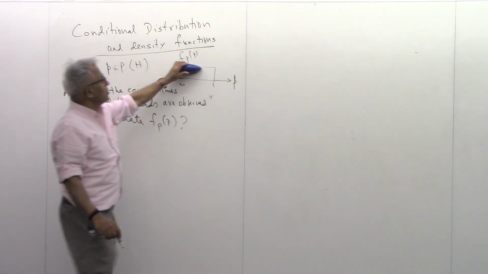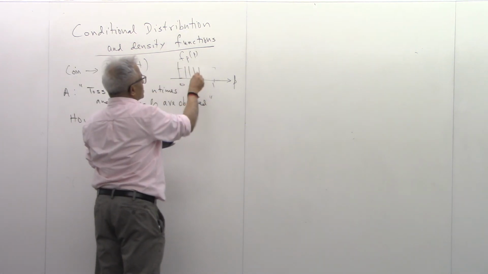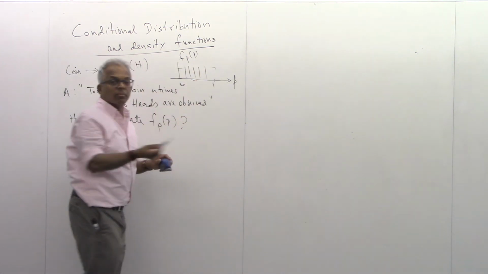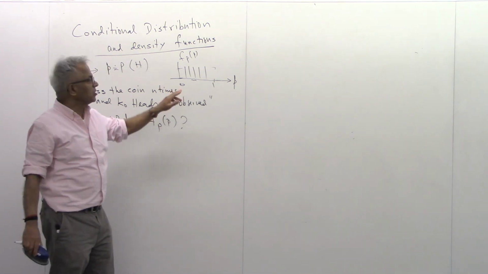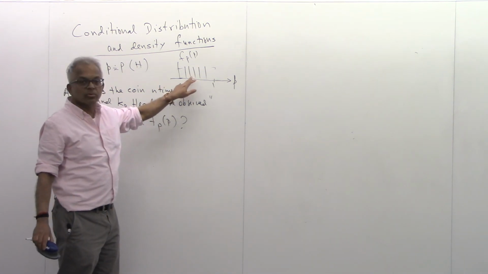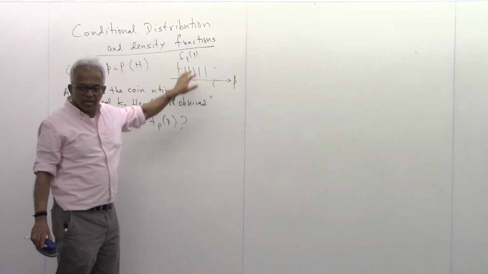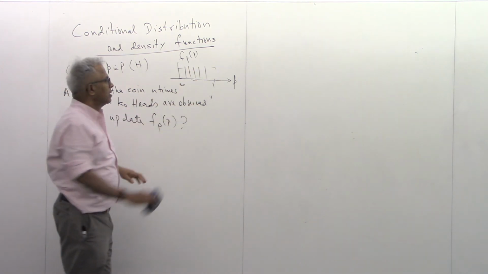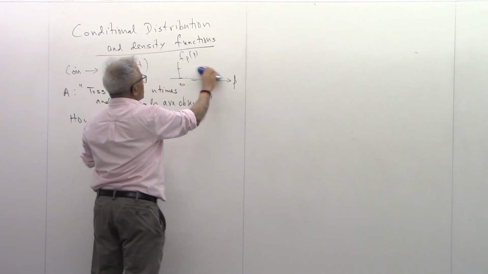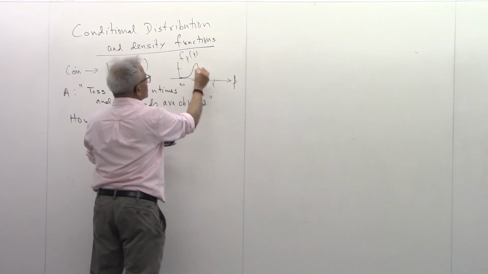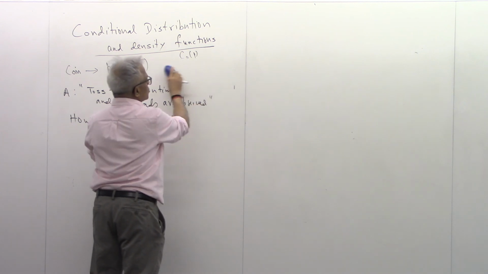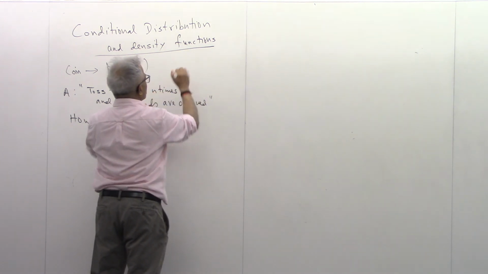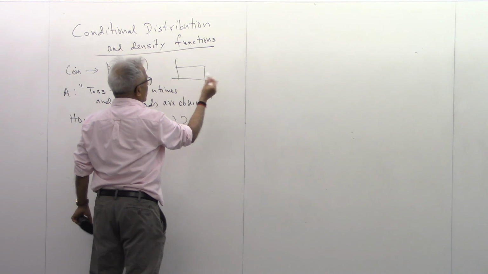It is certainly not like this, because why are you excluding? This is again making prejudiced assumptions. Why am I excluding all these values? So it's certainly not discrete, right? It's continuous, but I agree with you, it's most likely some shape like this, but I don't know this shape. So to start with, at the very beginning, if I'm given a coin, I'm going to assume that all values are possible.